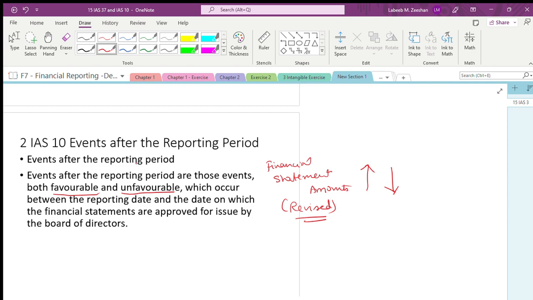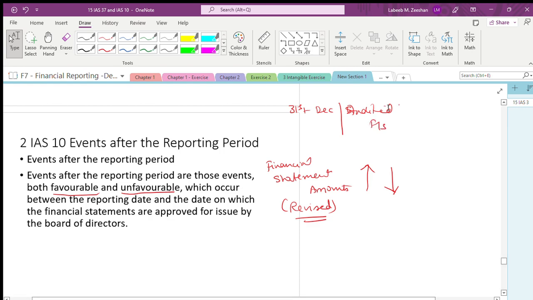We are talking in terms of 31st December. Is it right? There is a timeline. If you are going to study auditing, it is there. After 31st December, there will be audited financial statements. Then they will issue it, and then they will approve it.